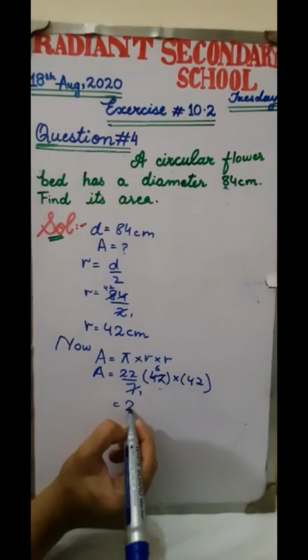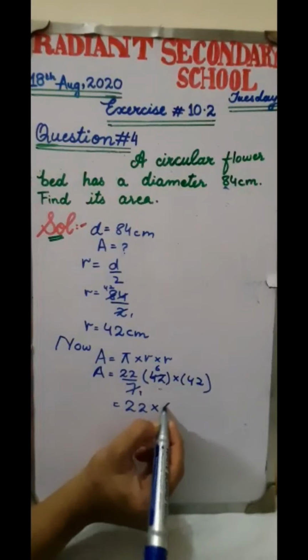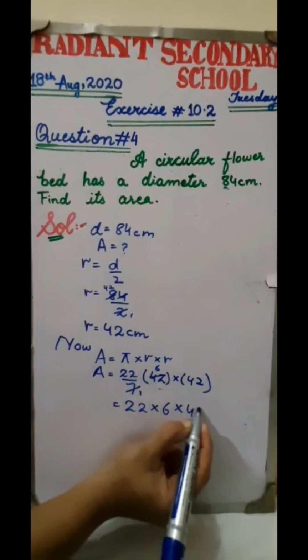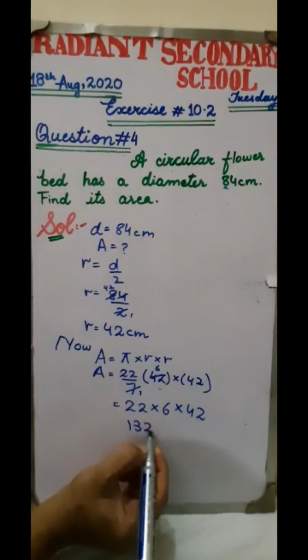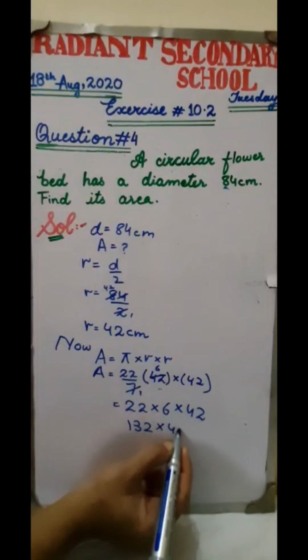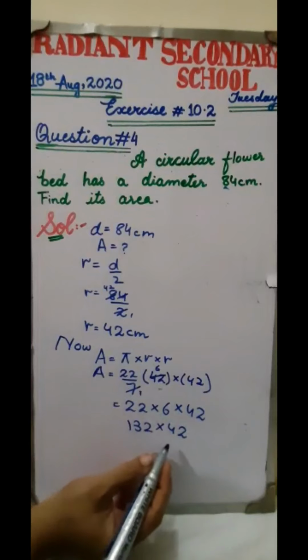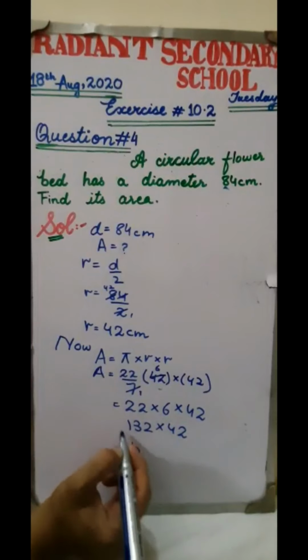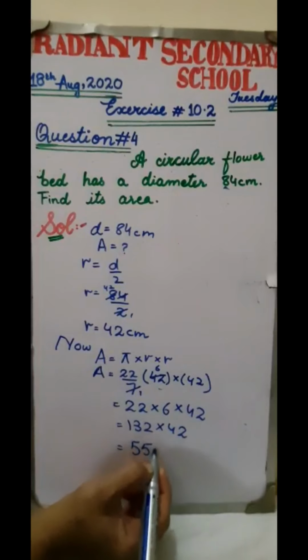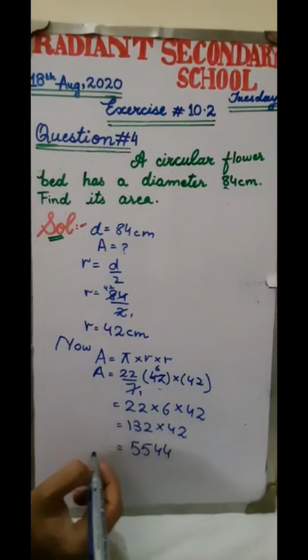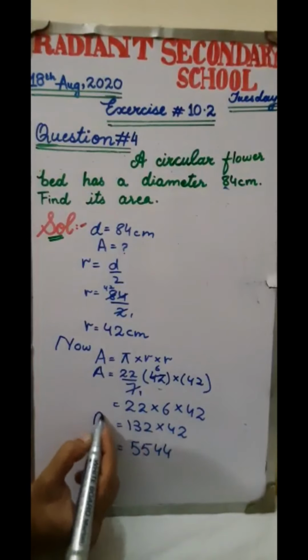Now remaining is 22 multiply by 6 multiply by 42. Now 22 multiply by 6, it will become 132. 132 multiply by 42, it will become 5544, and that is our area.